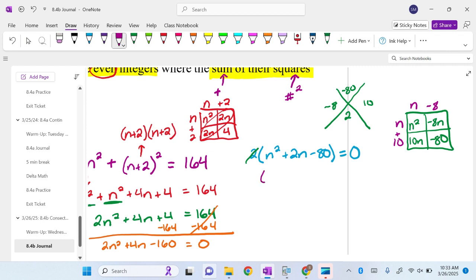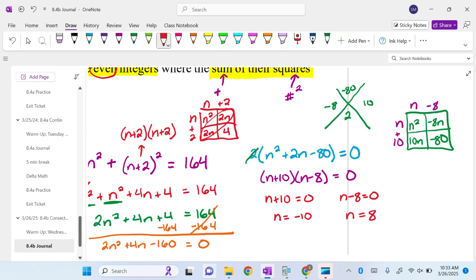So my 2 factors are n plus 10 times n minus 8 is equal to 0.